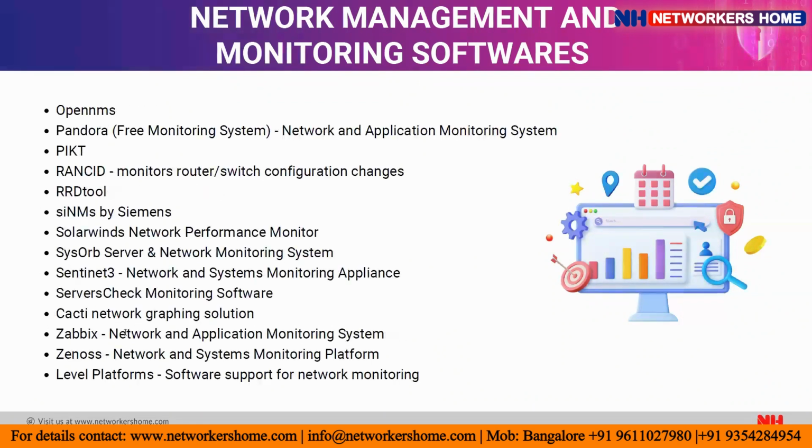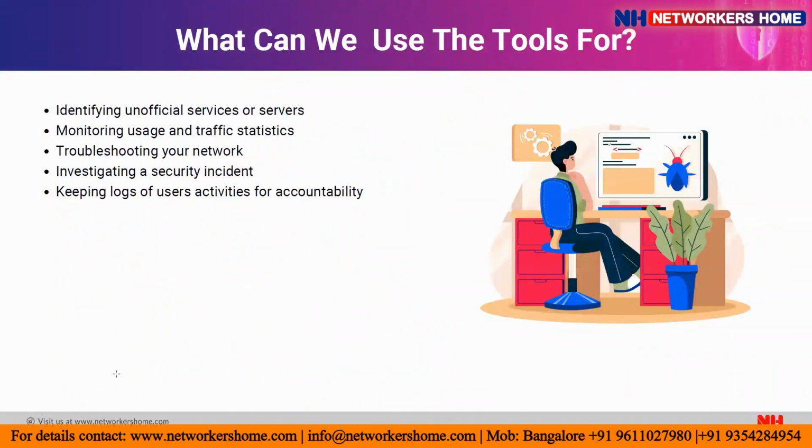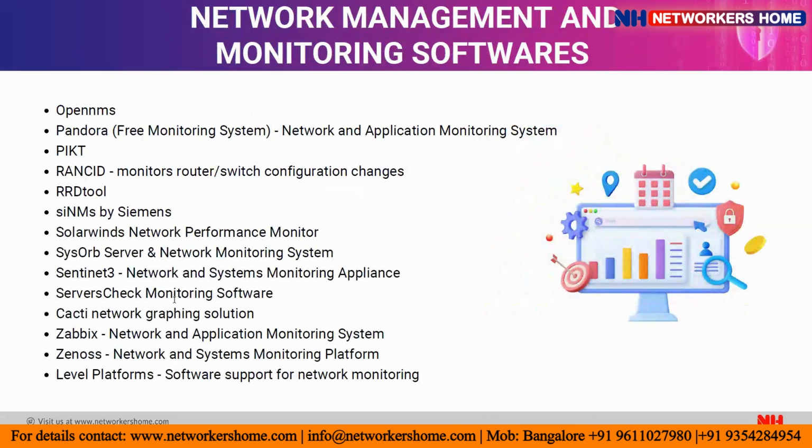A number of tools are there: OpenNMS, Pandora, SolarWinds, Sentinel, Zabbix. Zabbix is also one of the very common and widely used ones. So what do we use? All are working under SNMP, right? Sorry? They are multi-protocol and multi-vendor.